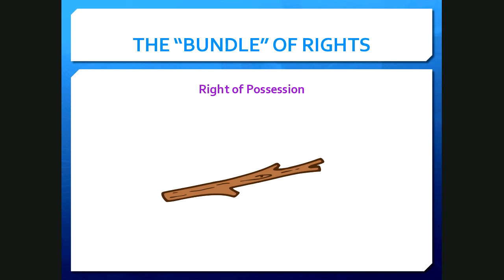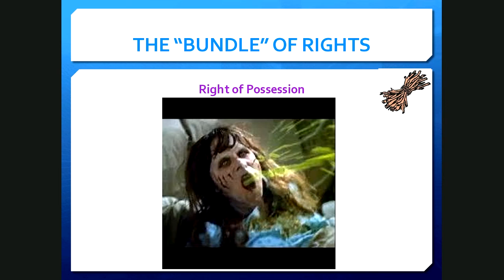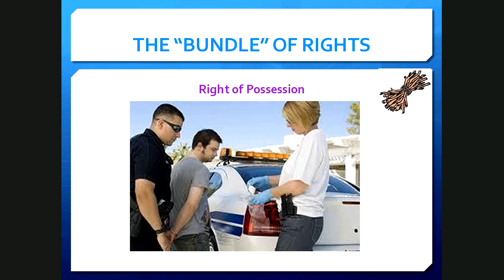So our next right is of possession. So we talk about the right of possession. Are we talking about the right to have your body taken over by an unholy spirit and spew vomit all over the place? No. We're talking about the ability to walk around with a bunch of narcotics in your pockets?